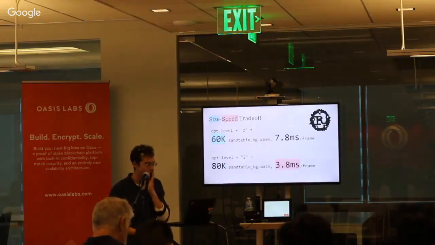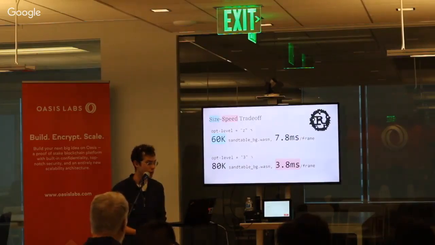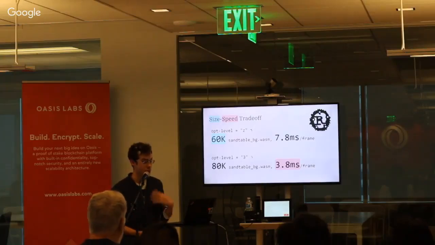I was using Z for binary size by default in this project because I copied it from some other WebAssembly project. People assume that if you're writing Rust for the web, you need your binary to be really small. So I was just going along with optimization level Z for most of this project.